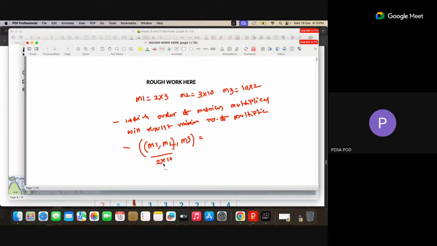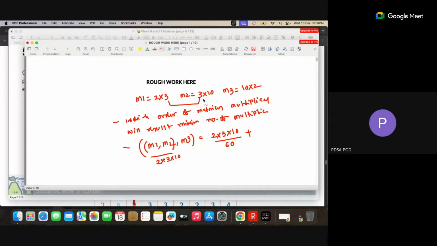The 3s are common, so it is 2 into 3 into 10. These multiplications are 60.